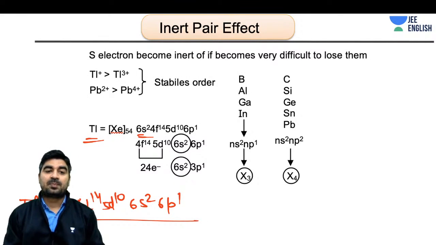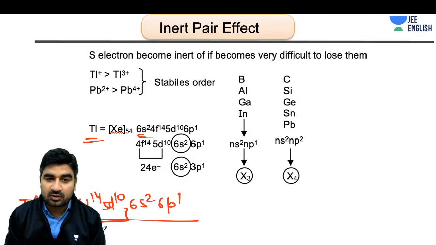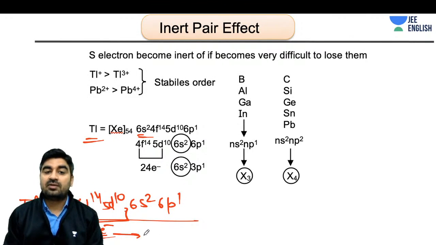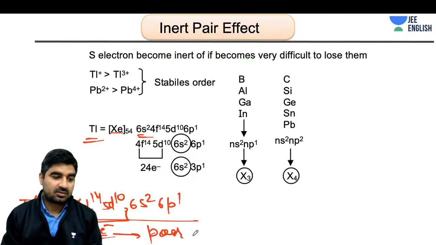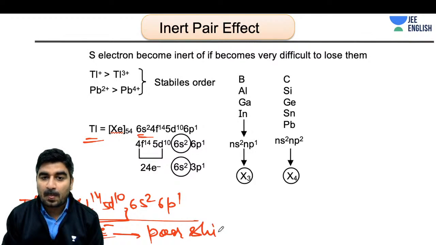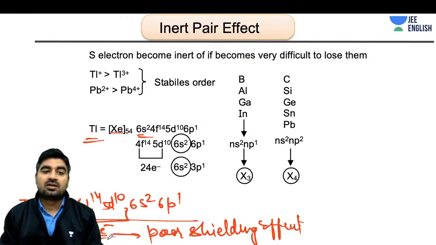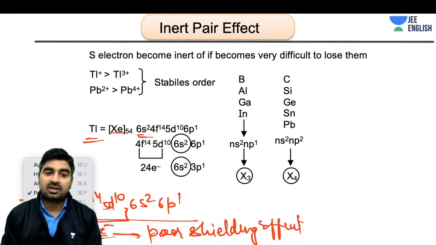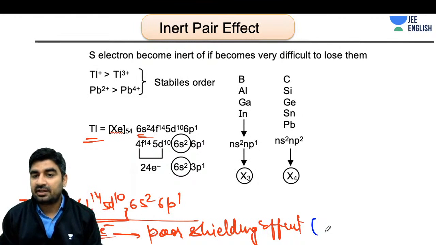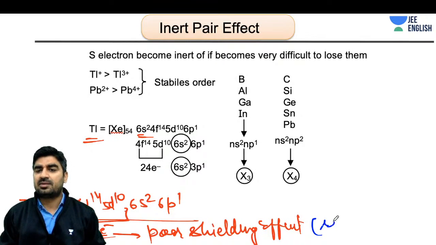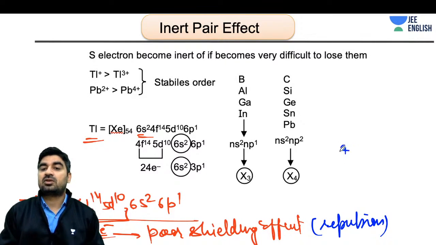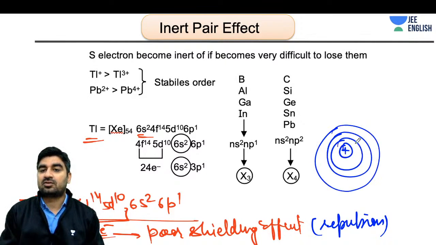Now, these 24 electrons will have very poor shielding effect, right? Shielding effect, you can consider it as a repulsion. So this is the nucleus, and here we have electrons.